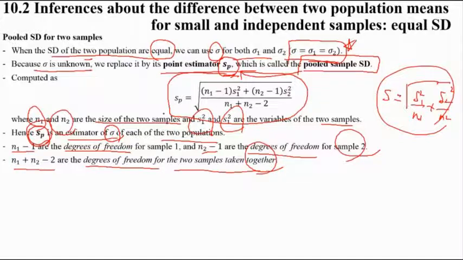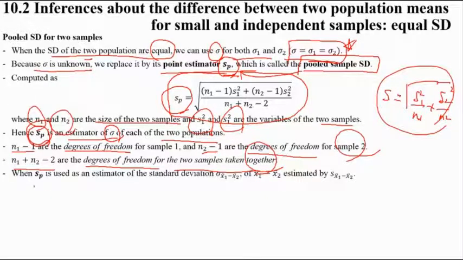If sigma is equal, then we use SP. So SP is the estimator of the standard deviation.